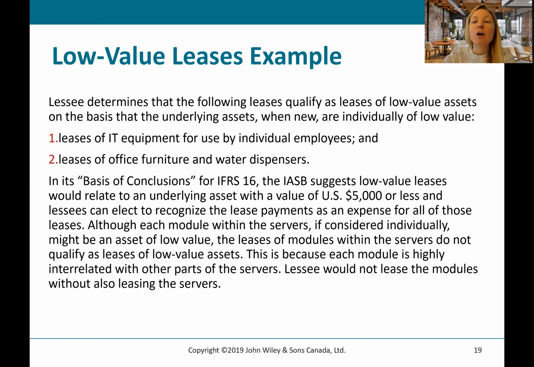And the leases of office equipment and water dispensers are also considered to be individually of low value. So the guidance that we're given in IFRS 16 suggests low value assets would be anything with less than $5,000, and that the lessee can exclude those from the scope if the assets are individually less than $5,000.